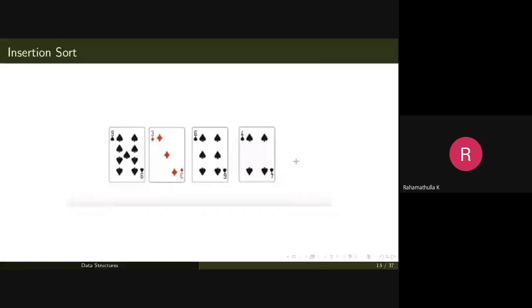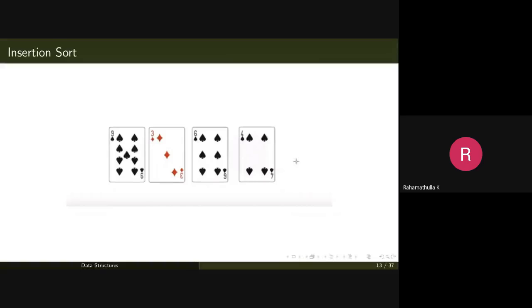We can make sure that the same thing happens here as well. That is, we create a boundary in the left hand side itself, and we say that the left side of this boundary is sorted and the right side of this boundary is unsorted.